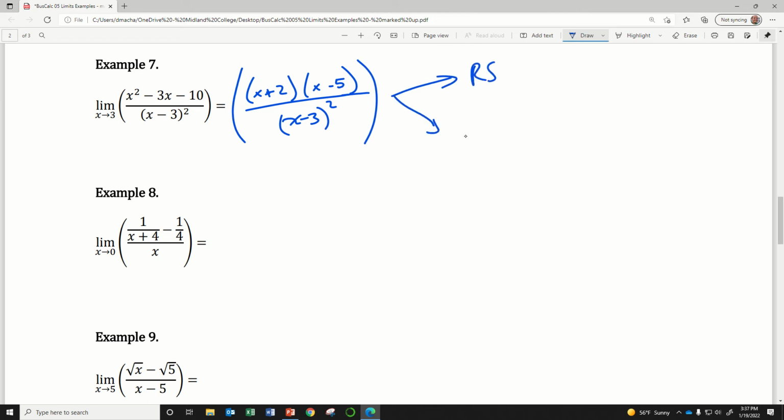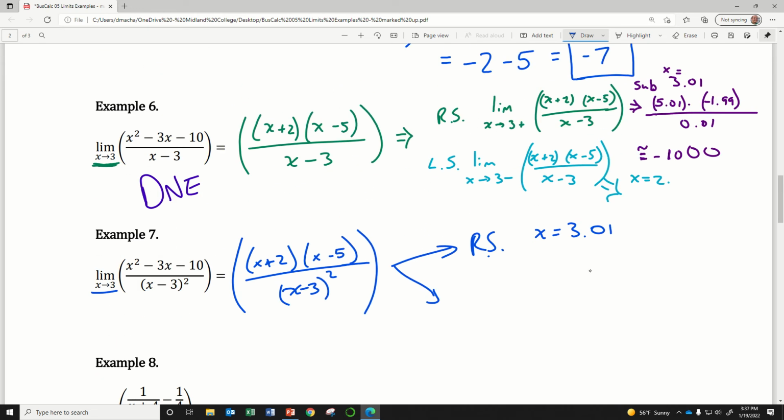If I take the right-sided limit, which means I sub something just to the right of x equals 3, like 3.01, this is going to be pretty much like what we had before. I can even cheat just for a moment and look up and see that in my numerator, I had 5.01, and I had negative 1.99, and then the denominator had 0.01, but now I have 0.01 squared, and 0.01 times 0.01 should be not 1,000th, but actually 1/10,000th, like this.